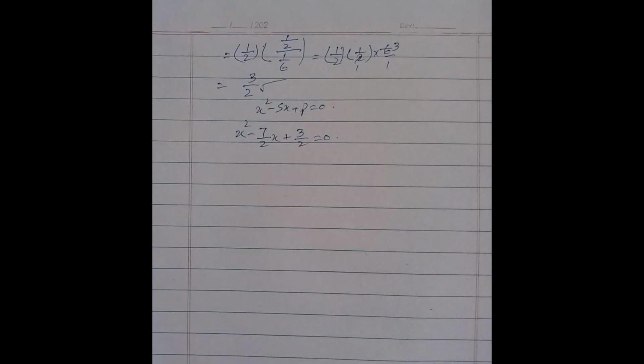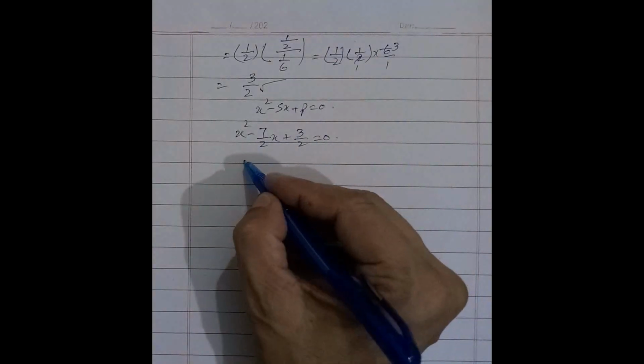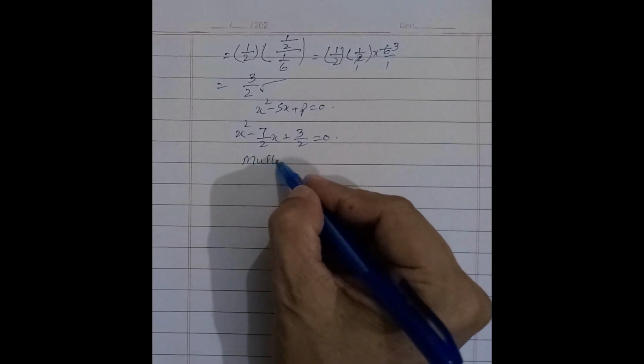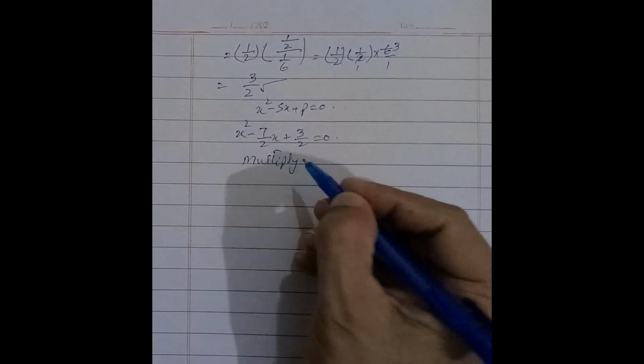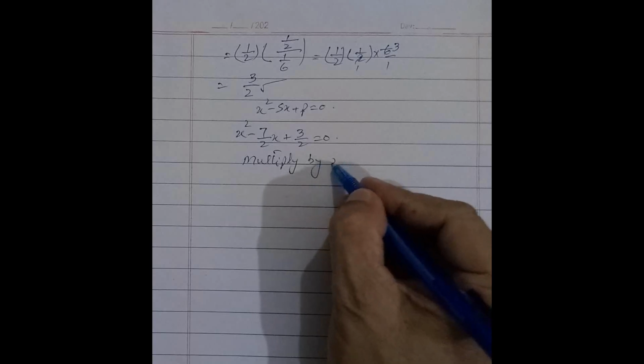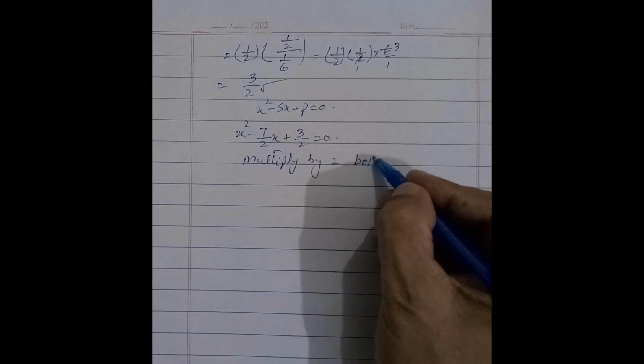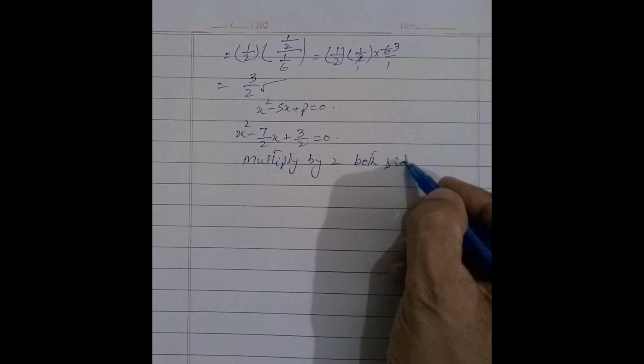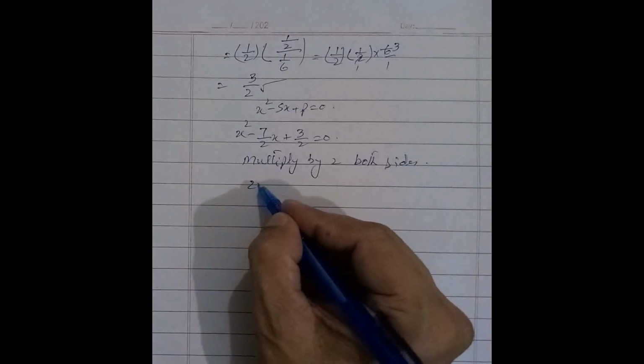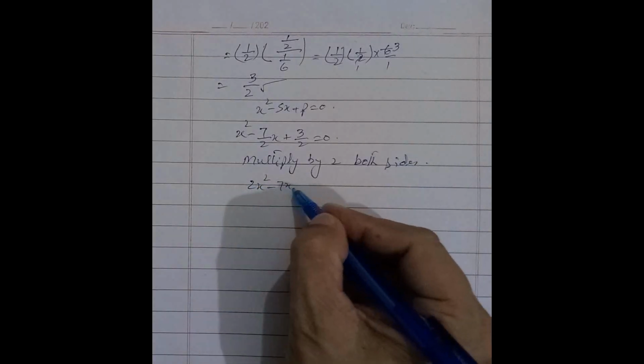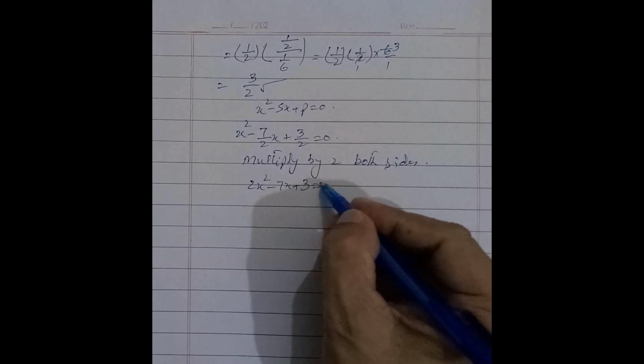Then we multiply both sides by 2, and we get 2x square minus 7x plus 3 is equal to 0.